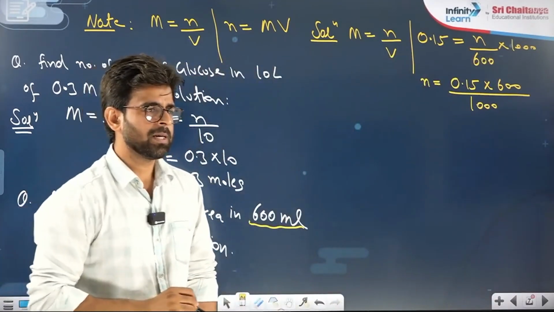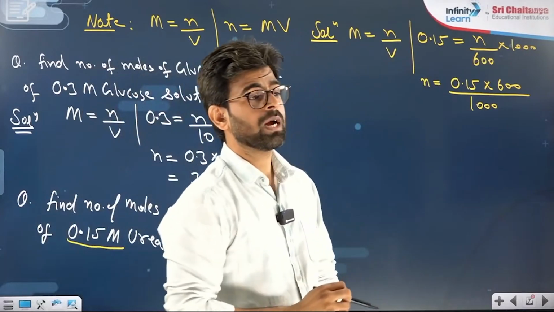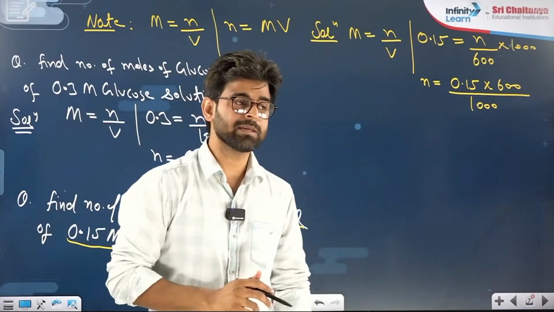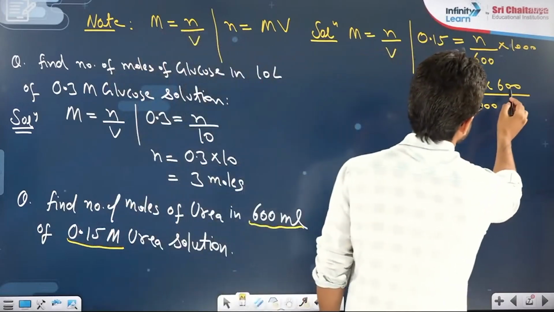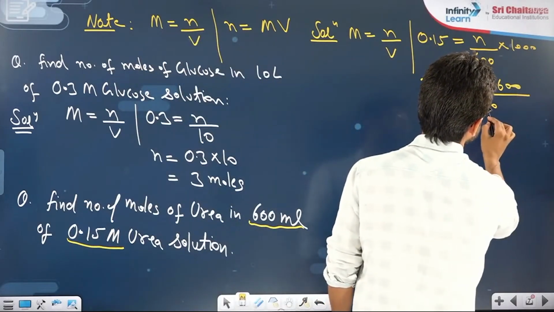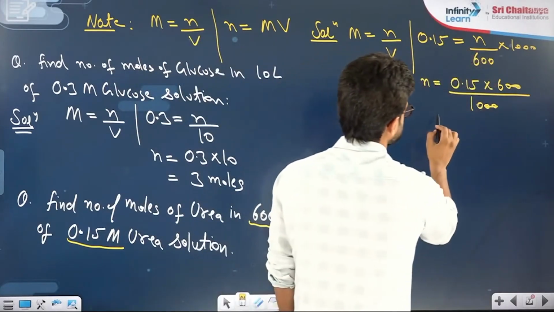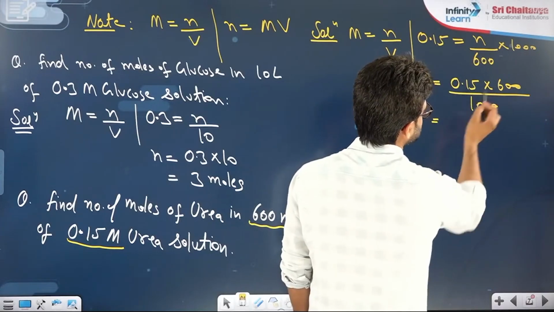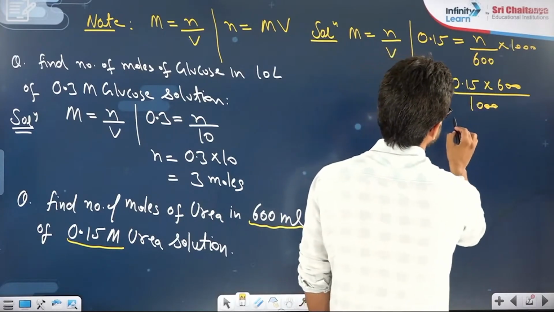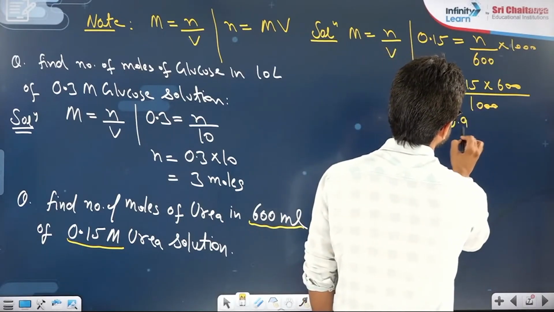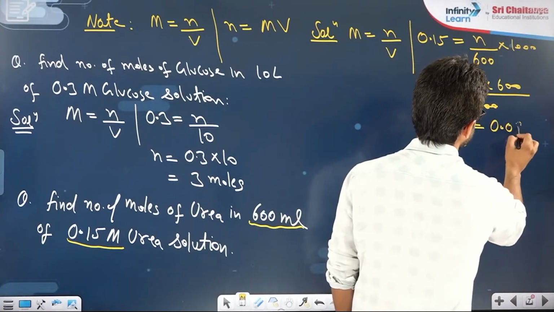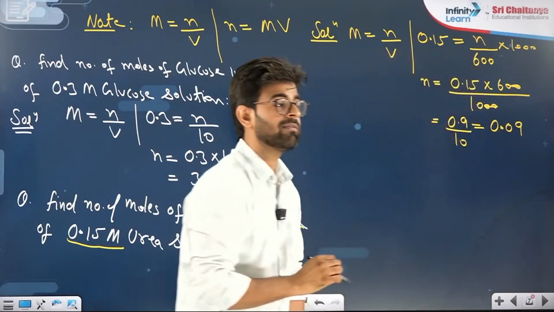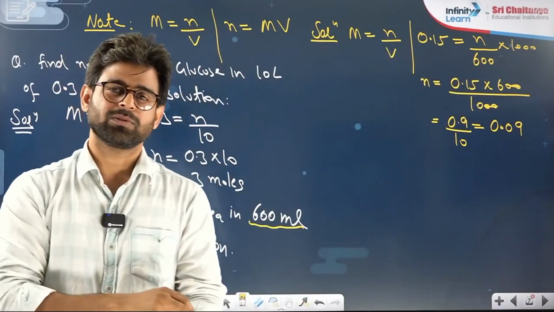What is coming? 0.09. If we cut this from here, 2 gone, 15, 6, 90 and 2, 0.9 divided by 10. Very good answer. 0.09 moles. We are having 0.09 moles.